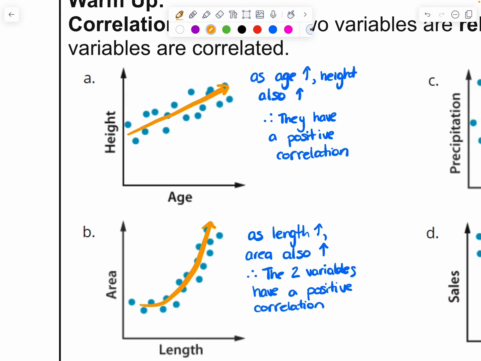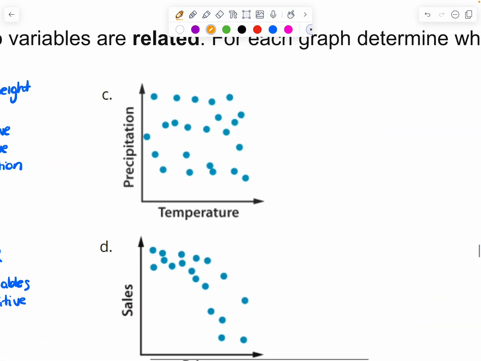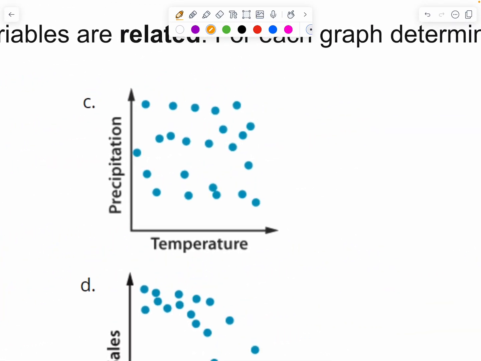Okay. Let's look at C. Is there a correlation between the temperature and the precipitation, how much rain or snow there gets? It doesn't really look like there is any correlation. This point here is a very low temperature and high precipitation. This point here, high temperature and high precipitation. Down here, low temperature, low precipitation, high temperature, high precipitation.